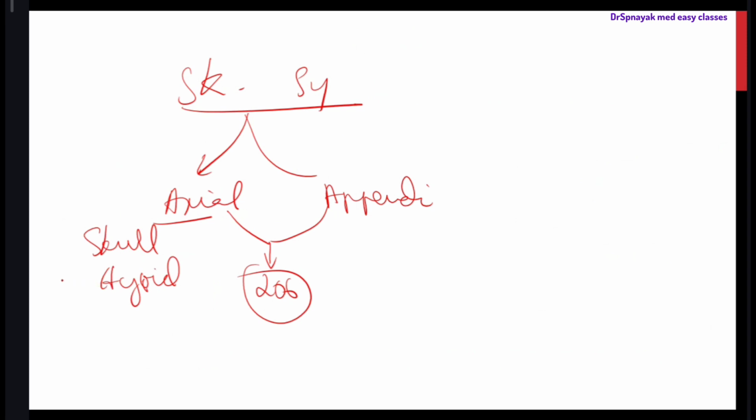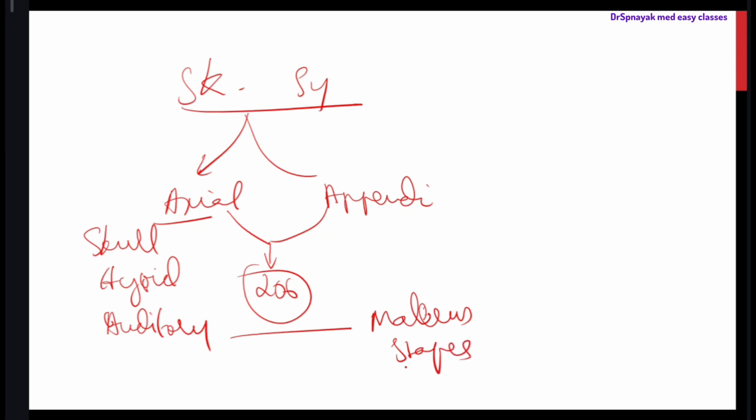And we have the auditory ossicles, the minute, smallest bones of our body, present in the middle ear: malleus, stapes and incus. Of these three, the stapes is the smallest bone.